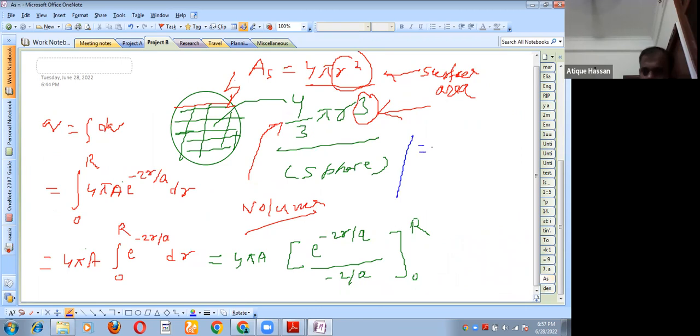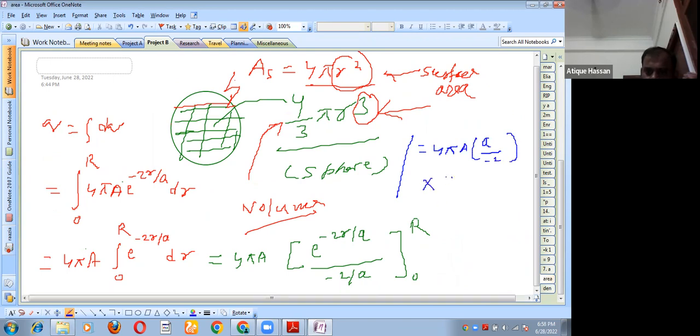Its value will be 4 pi a into a by minus 2 into, in place of small r, we put the upper limit and lower limit. So what will be its value? Tell me. What will be the value inside the bracket?